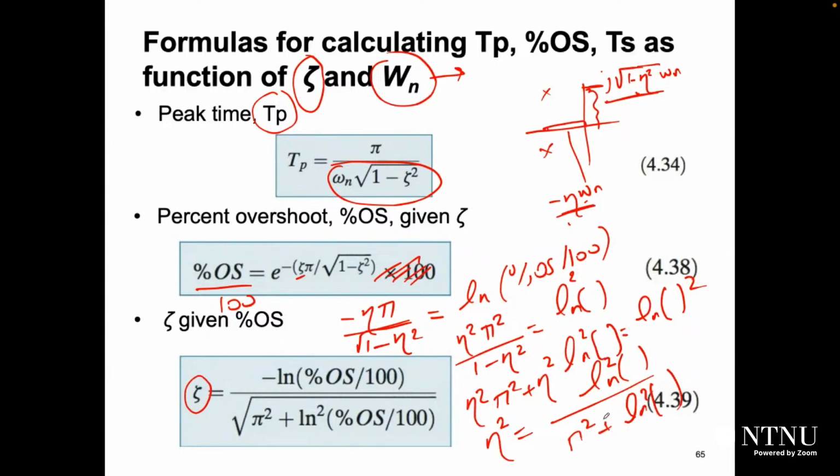There is something I did wrong here. We take the square root, so zeta will be ln divided by the square root of that part. But with the negative sign, we have to cross multiply.